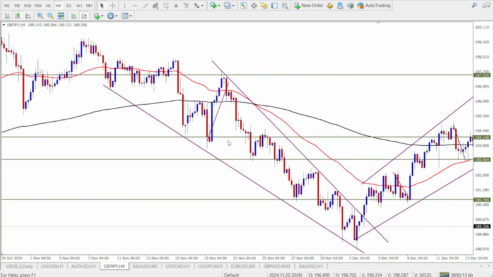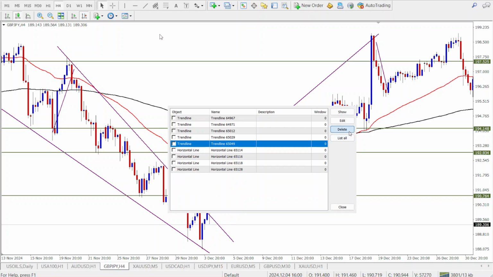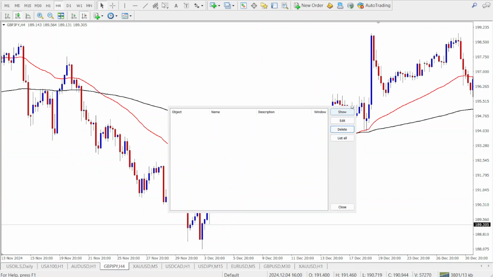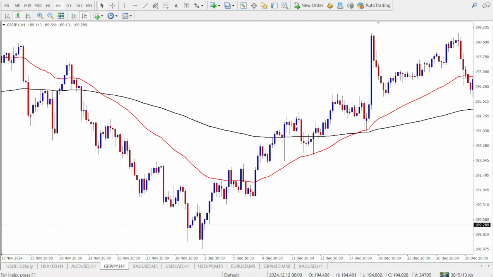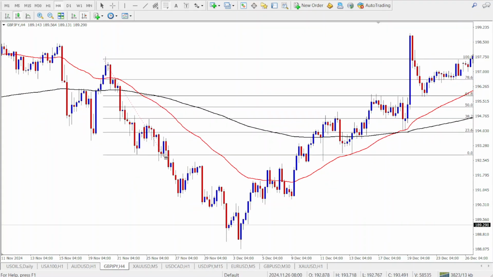Then finally, I'm just going to remove these lines to give us a clear view. Also, pay attention to Fibonacci retracement levels. You can use Fibonacci retracement levels to predict possible pullback zones. And then finally, make use of your trend lines.